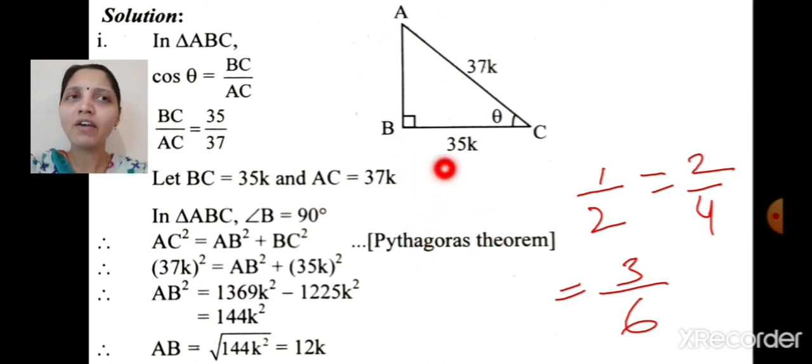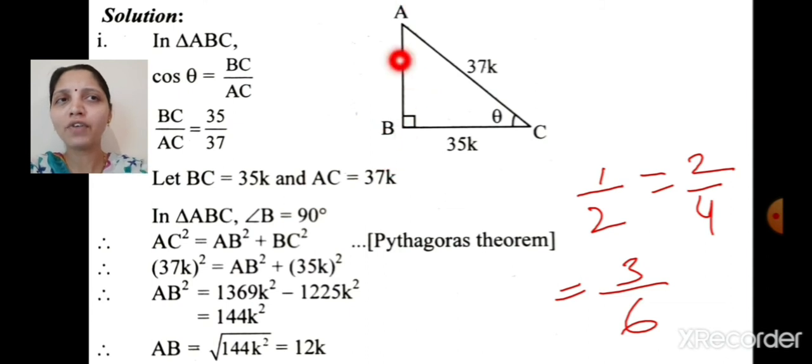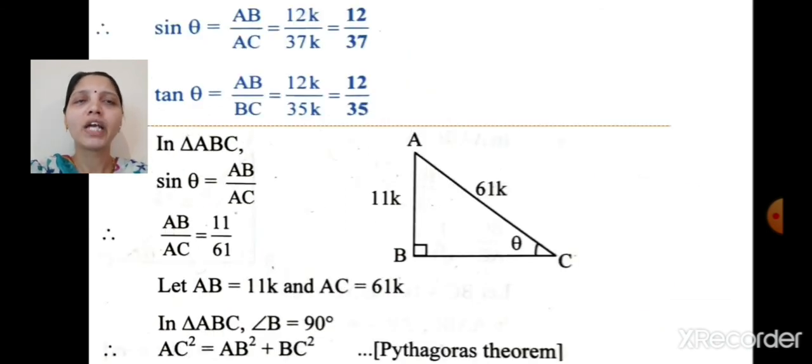Okay. Why we have to find out here length of AB or the value of AB? Because for sin theta we need opposite side upon hypotenuse. So there we need the value of opposite side. Okay. So now we can find the value for sin theta. Sin theta is AB upon AC, that is opposite side upon hypotenuse, that is equal to 12K upon 37K.